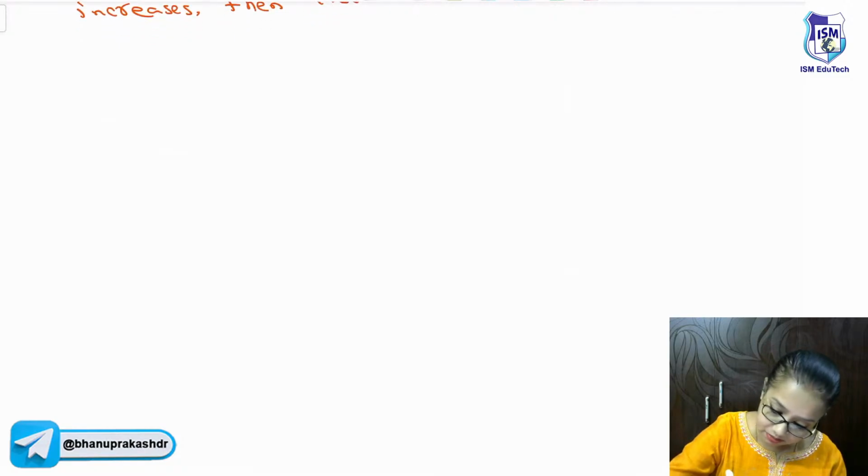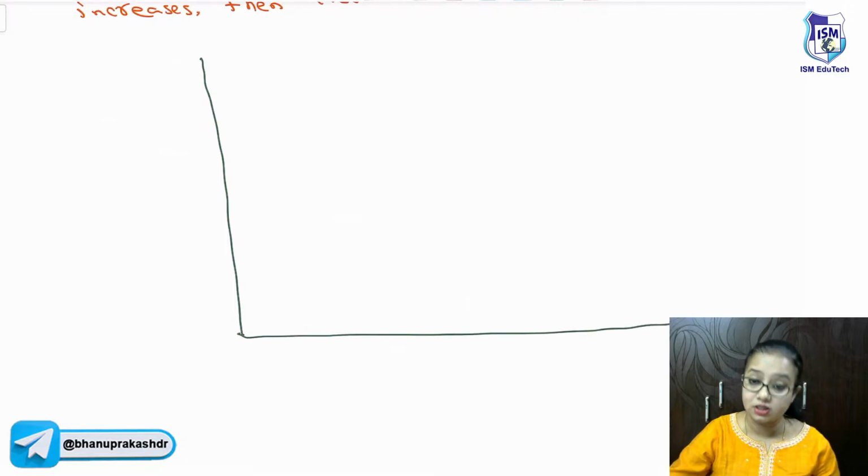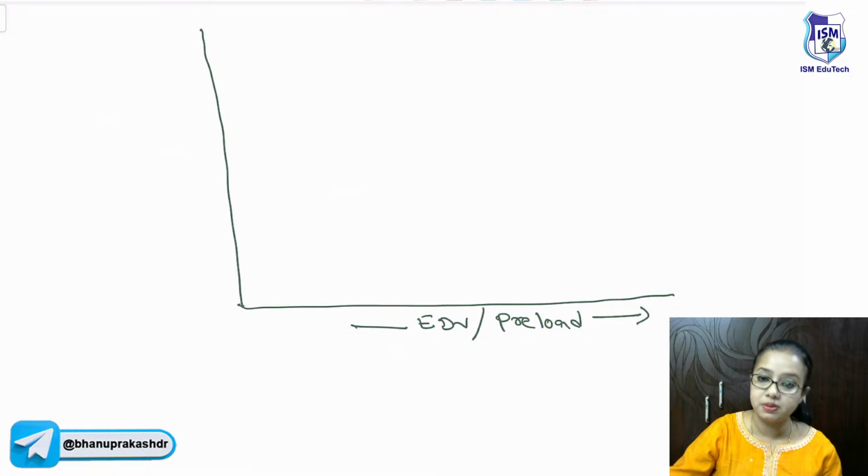Going to the graph, the two axes we draw are like this. On the x-axis, we have our end diastolic volume. End diastolic volume means what? It also means the preload. It also implies the preload.